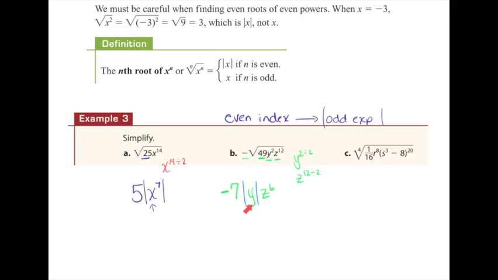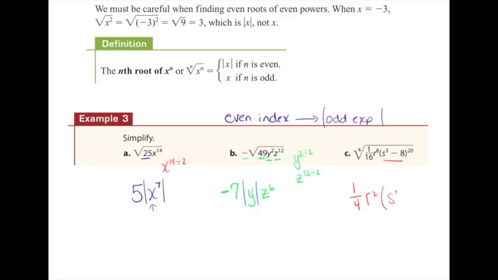So I put absolute value around the y because it was to the 1st power. I did not have to put it on the z because it was an even power. Let's look at the last one. Again, this is an even root, a 4th root. The 4th root of 1/16 is just 1/4. The 4th root of r to the 8 divided by 4 is r squared. And this is a group.